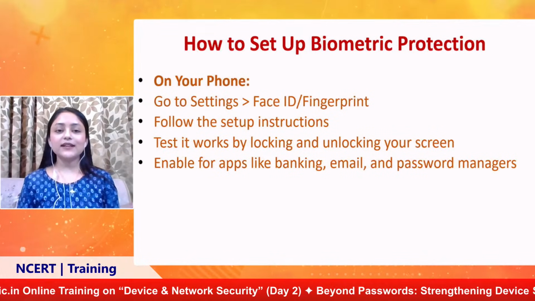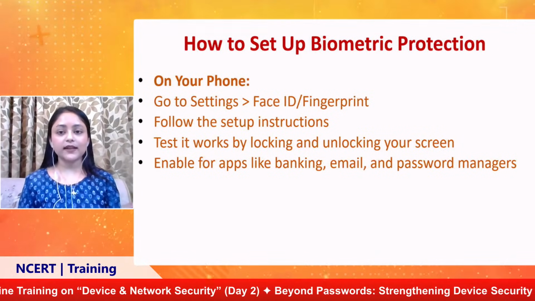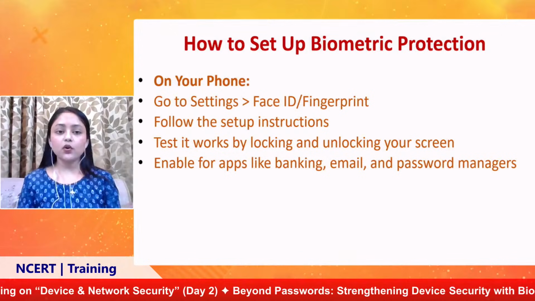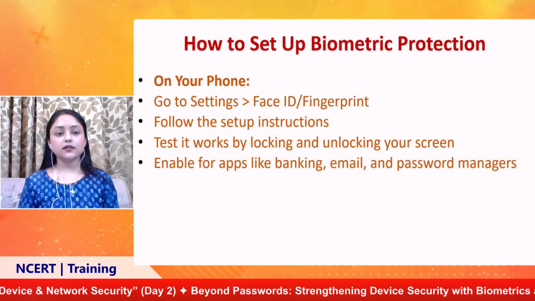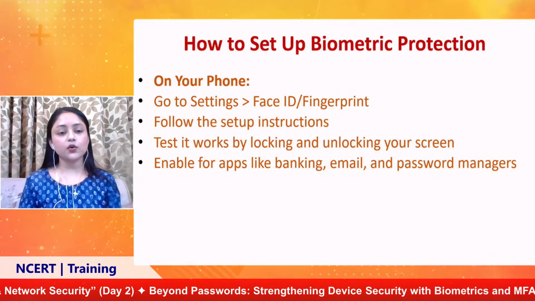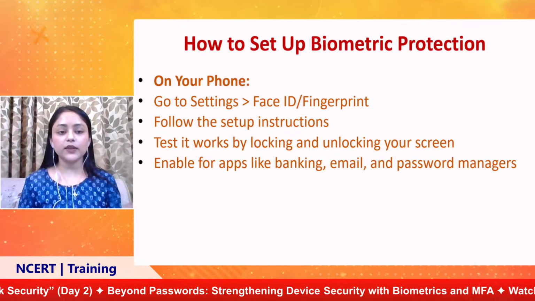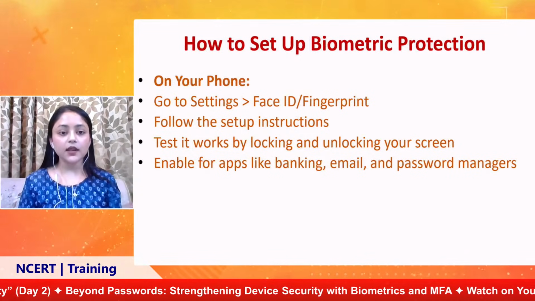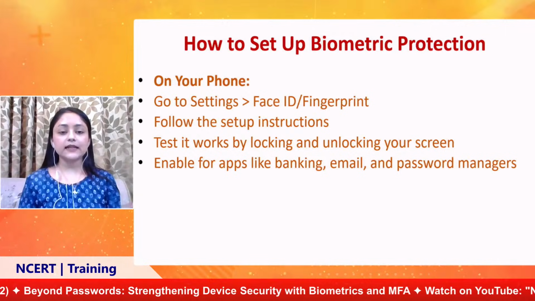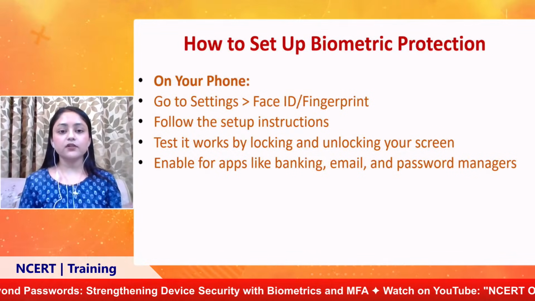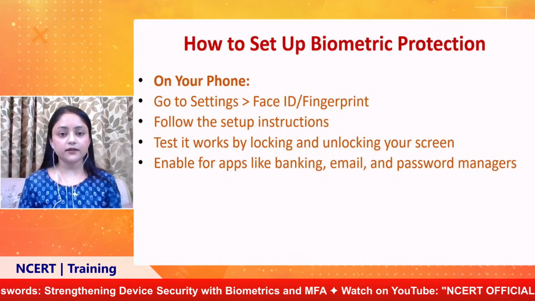Okay, now we'll discuss how to set up biometric protection. Firstly, on the mobile phone. On your mobile phone, you can go to the settings, where there is an option for face ID or fingerprint, whatever is there.